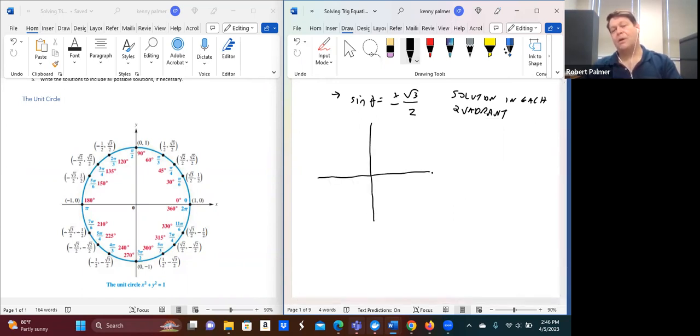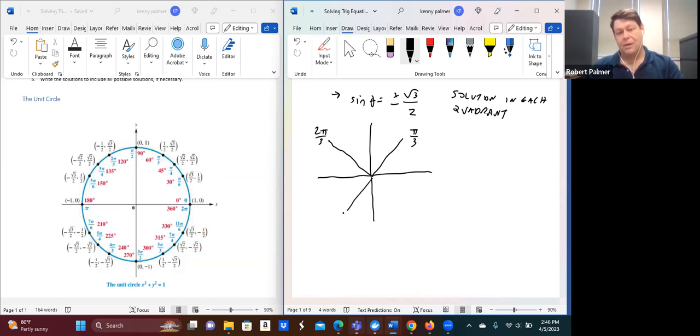So now, once again, look in each quadrant to see which angle gives us a sine, or y-coordinate, of square root of 3 over 2. In the first quadrant, that's going to be pi over 3. In quadrant 2, that's going to be 2 pi over 3.